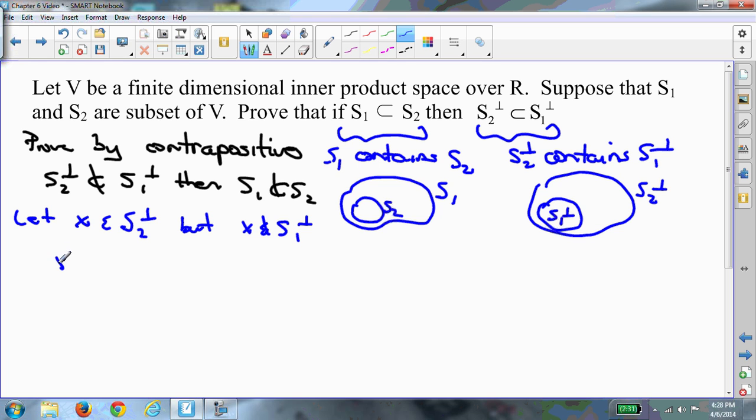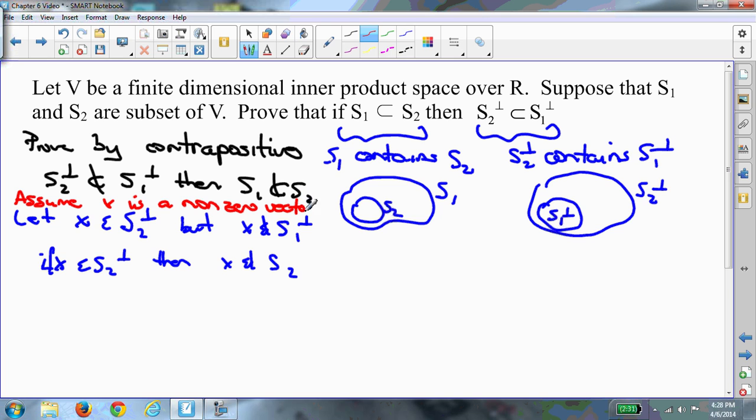Oh, I need to say something up here before I start. So assume X is a non-zero vector, because we know the zero vector is always in the intersection of any vector spaces. Okay. So if X is an element of S2 perp, then X is not an element of S2.